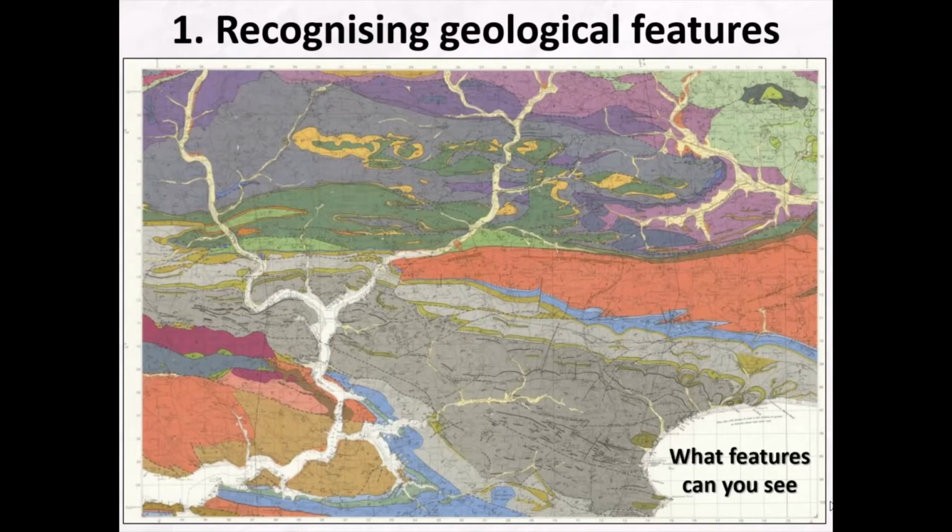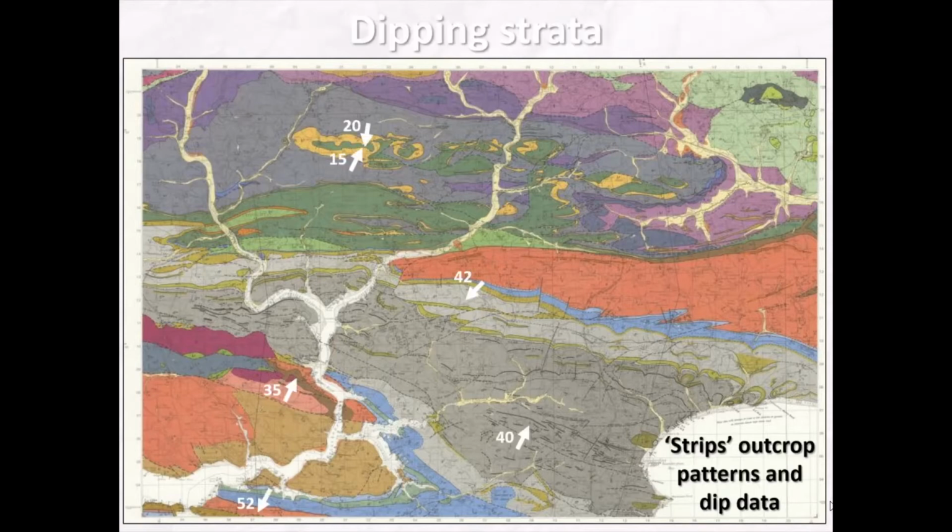Well, the thing that really strikes me is that the outcrops are forming these strips. When you look at them, they have these complex dips, some of which are pointing away from each other and some of which are pointing towards each other, either side of one of these strip-like repetitions.